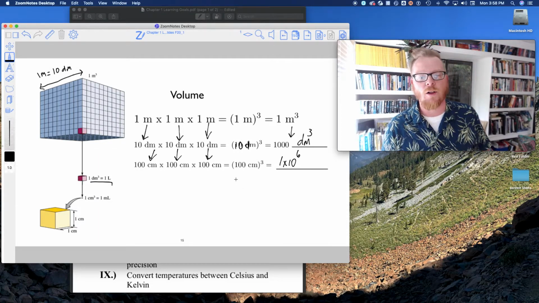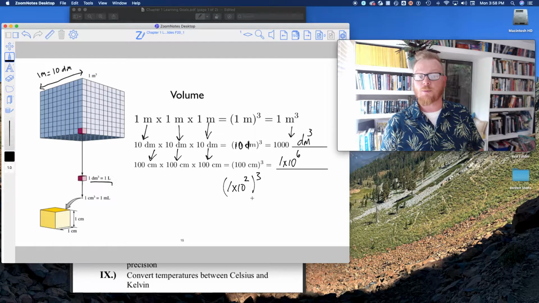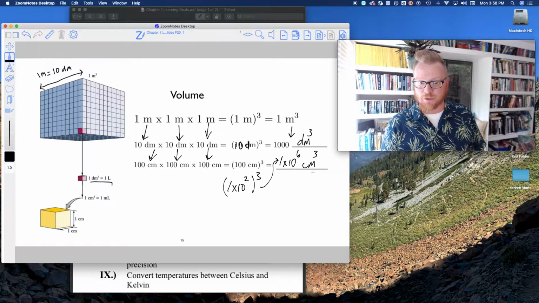That is 1 times 10 to the 6th power, which is the same as 1 million. Or if you recall, another way I can write 100 is 1 times 10 to the 2. And if I cube that, 2 times 3 is 6. 1 times 10 to the 6th, okay, to give me 1 million. And then a centimeter cubed is a cubic centimeter. And hopefully you remember that a cubic centimeter is the same as a milliliter.